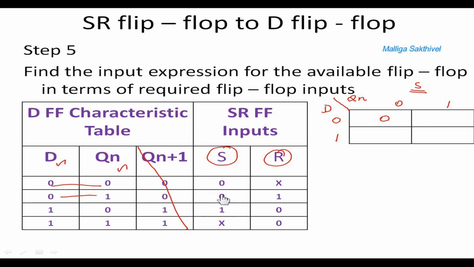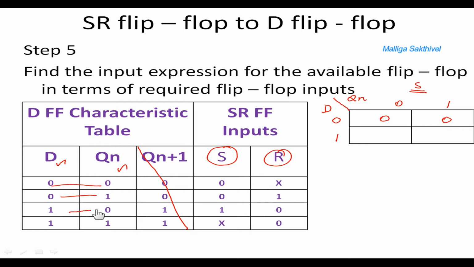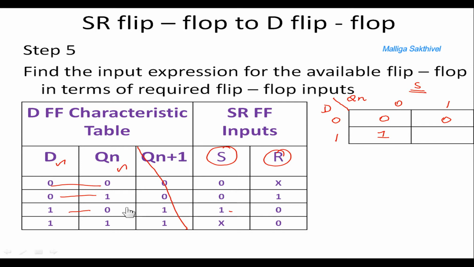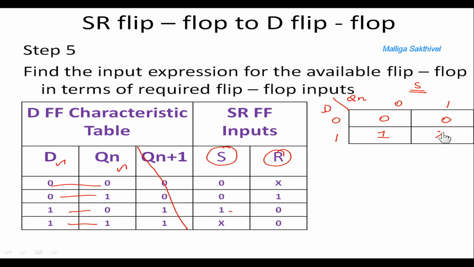For 0 1, our S is 0. For 1 0, our S is 1. And for 1 1, our S is X. Now we have to group. So we are grouping these two. Now the expression for S: here Qn is changing and here we have D, so S is D.